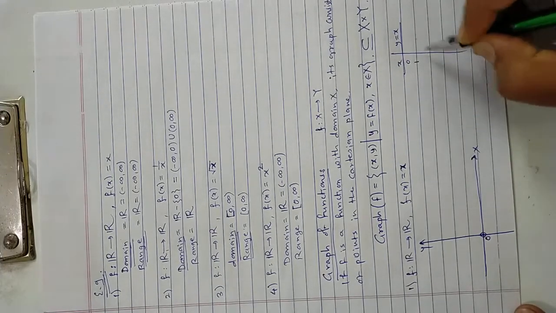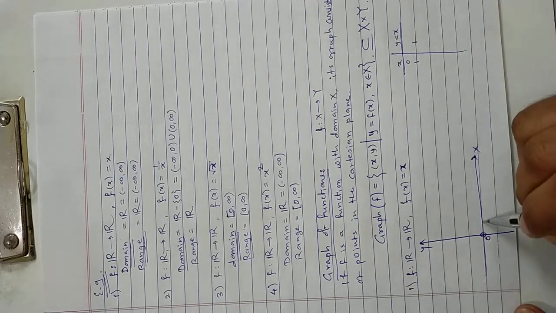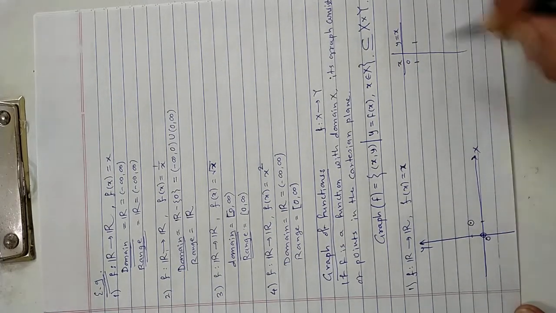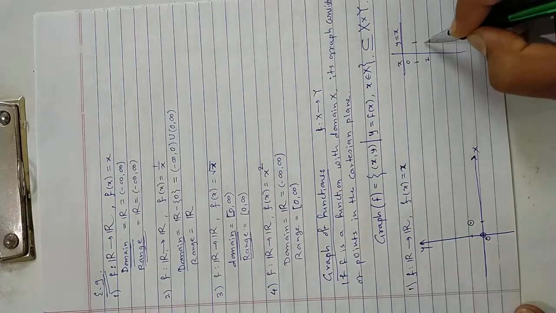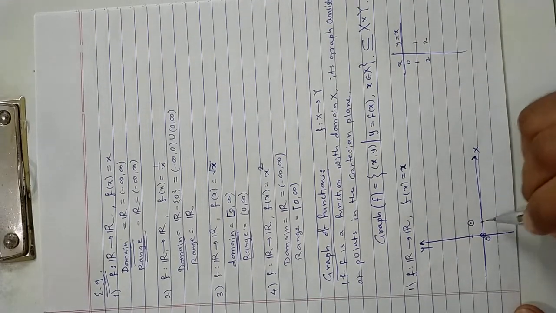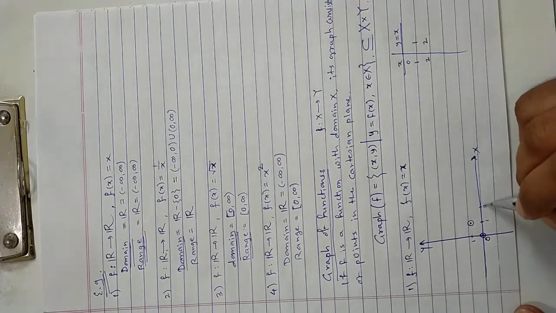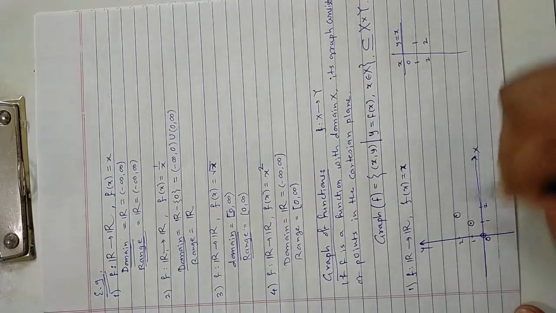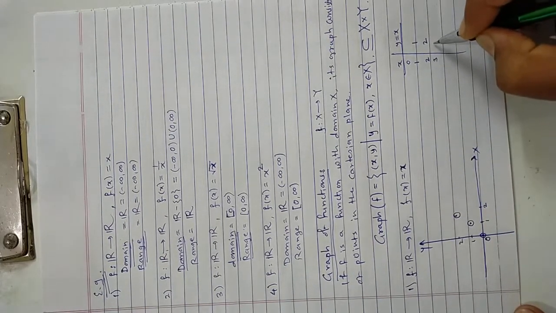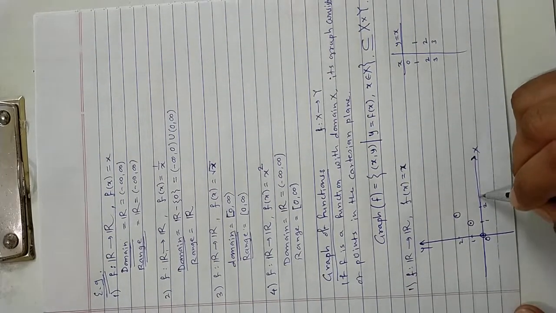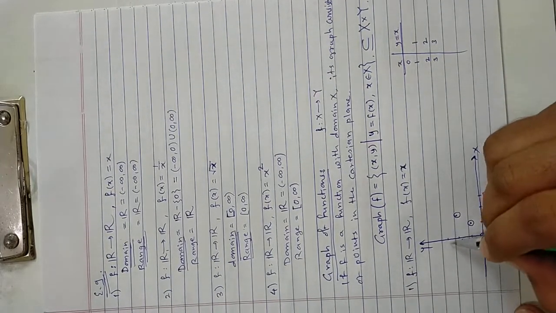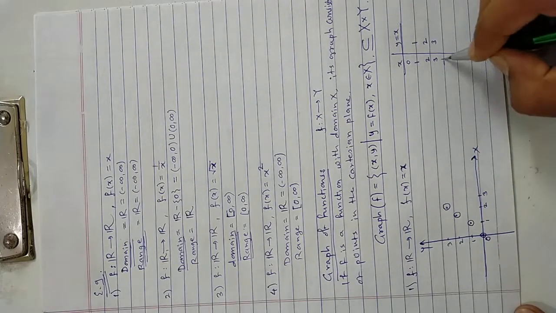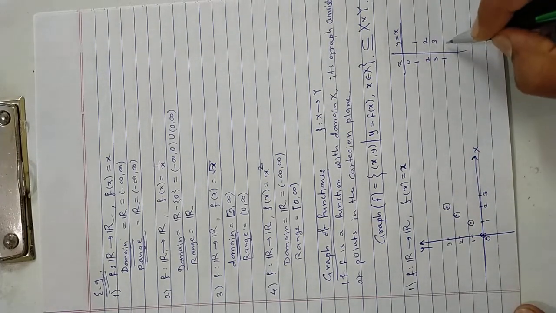If I take x equal to 1, I will get y equal to 1. If I take x equal to 2, I should have y equal to 2. If I take x equal to 3, I should have y equal to 3 because y equal to x. If I take x equal to minus 1, I should have y equal to minus 1.